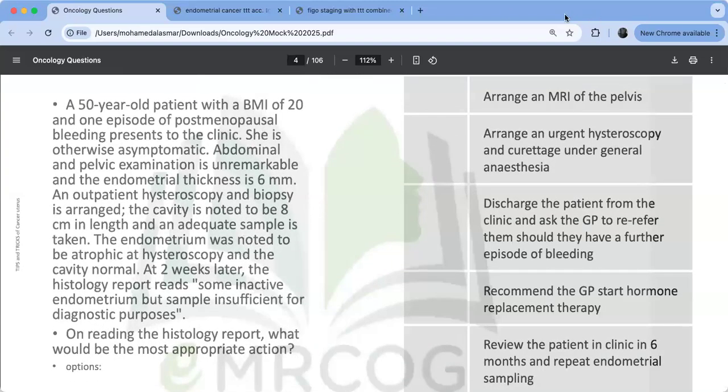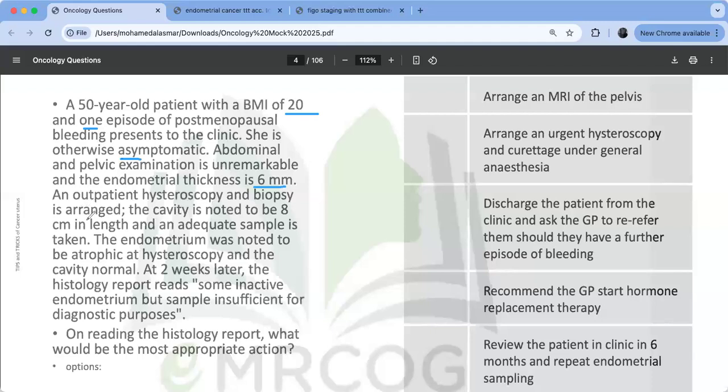Here, a 50-year-old with BMI 20 and one episode of postmenopausal bleeding presents to the clinic. She's otherwise asymptomatic. So he's trying to reassure you about the case. Abdominal and pelvic examination is unremarkable, and the endometrial thickness is 6 millimeters.